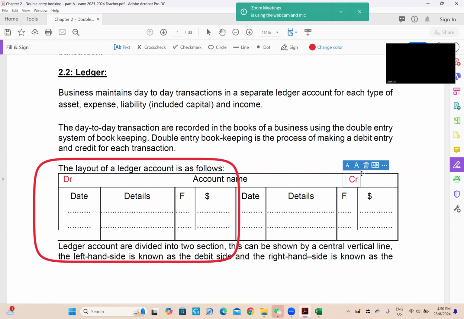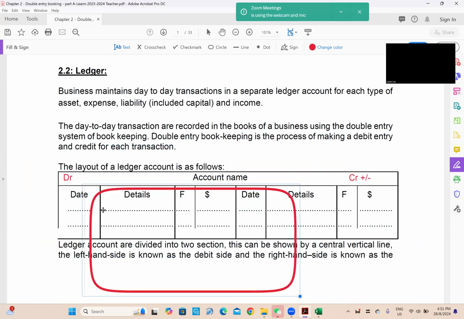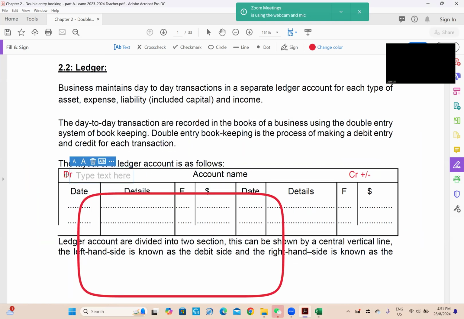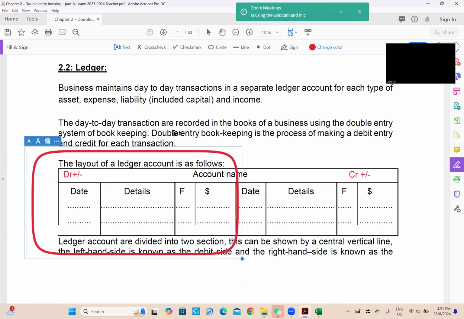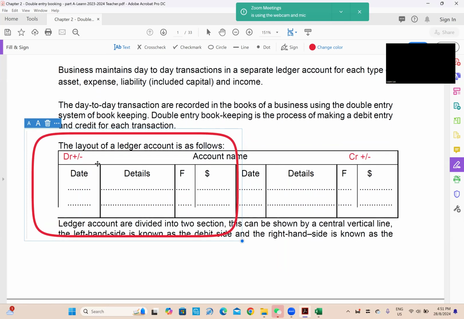The plus or minus, increase or decrease, depends on the account names. The debit side could be plus, could be minus as well. The plus and minus here indicate increase or decrease.